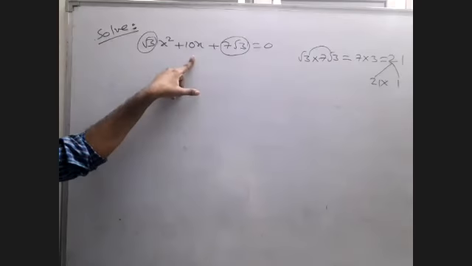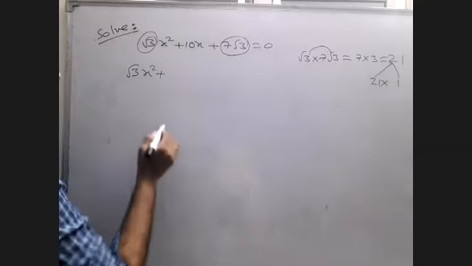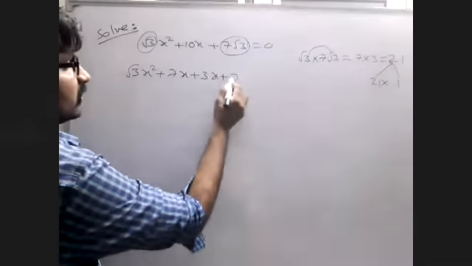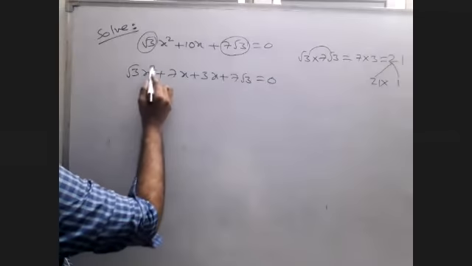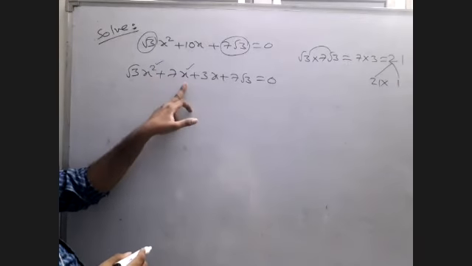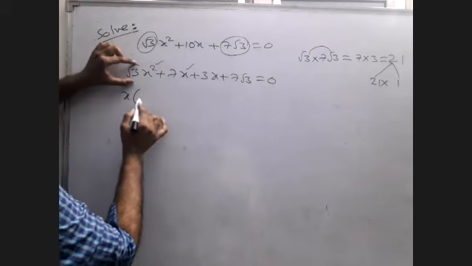We get already. Now I am writing root 3 x square plus 7x plus 3x plus 7 root 3 is equal to 0, we can write. Now from these two we can take what common? Only x common. Why? Because here root 3, here 7, so we can't take anything common. This is x square, this is x, we can take x common. Taking x common, here remaining root 3 x plus taking x common more 7.